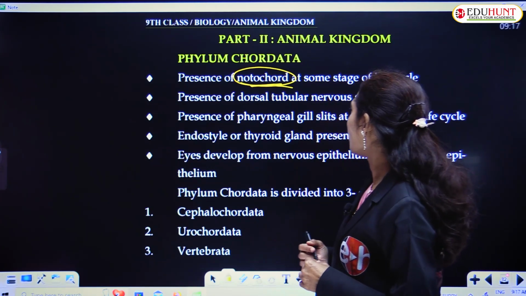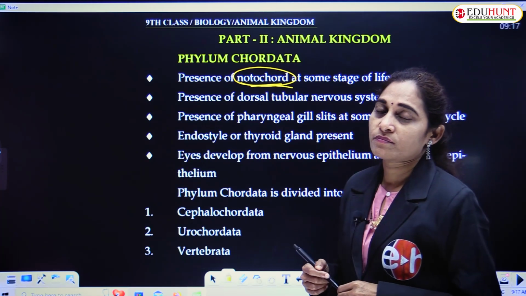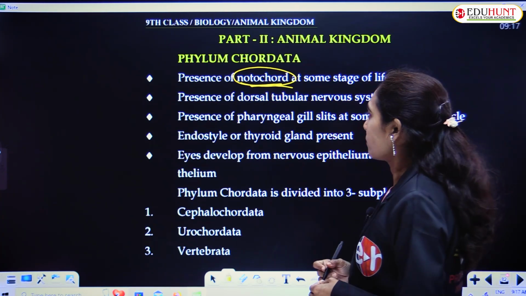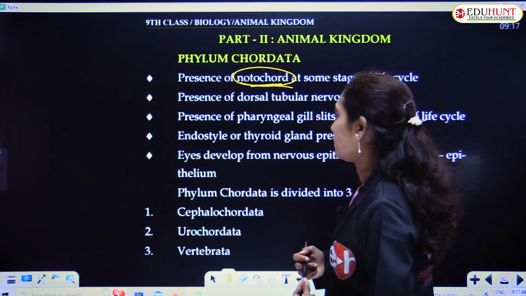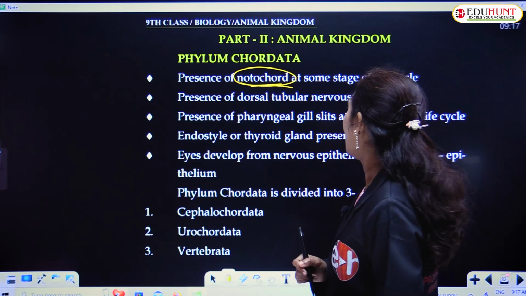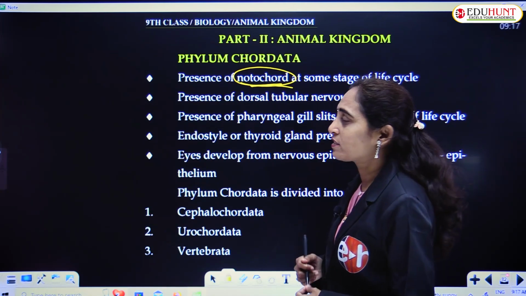Presence of a dorsal tubular nervous system. A dorsally placed tubular nervous system is another feature, and presence of pharyngeal gill slits at some stage of its life cycle.